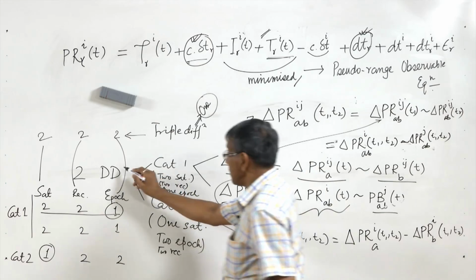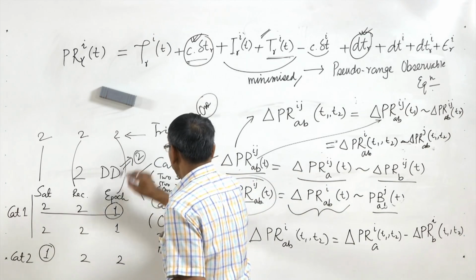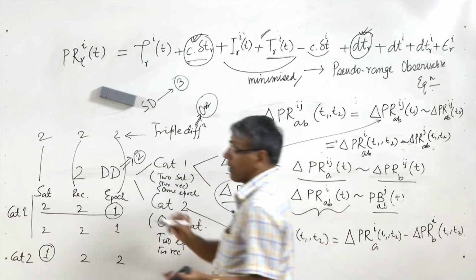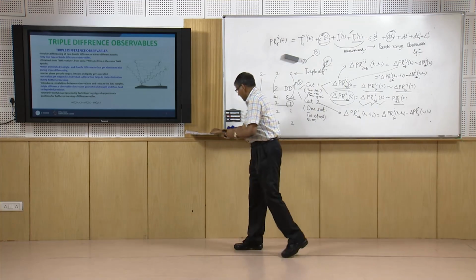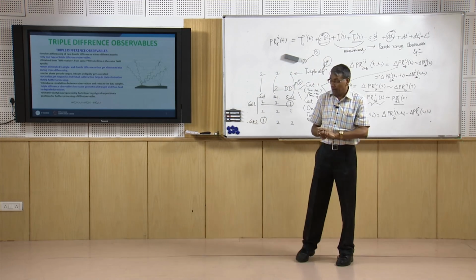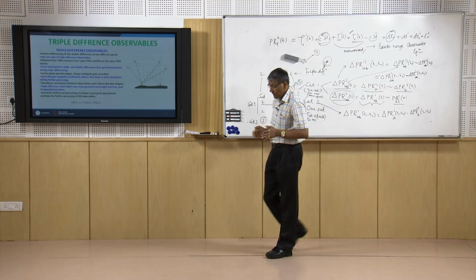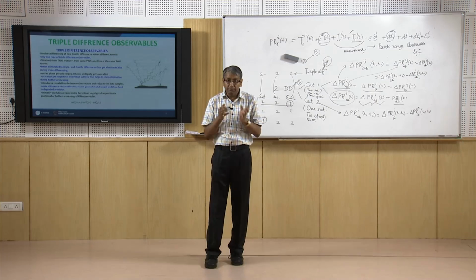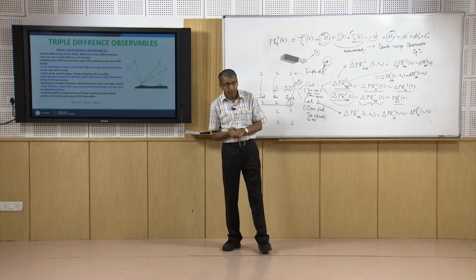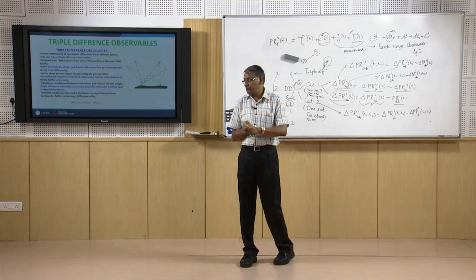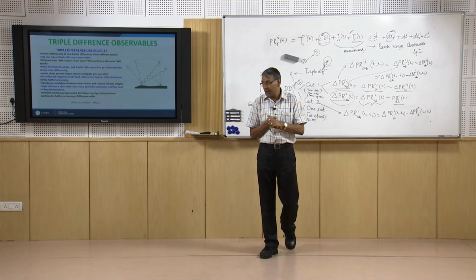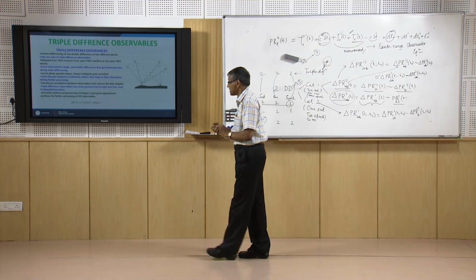So, for double difference you will get 2 types, whereas for single difference we will get 3 types of observables. Triple difference observables are the observables with which we will be able to identify the presence of cycle slip. This is very important as a pre-processing step, as we can minimize many of the errors.